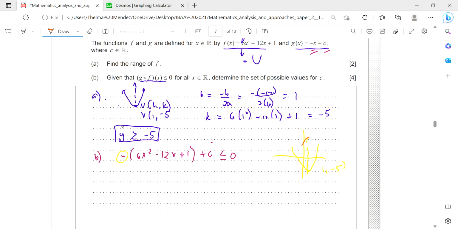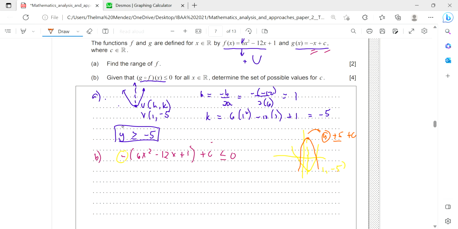So our y value here from negative 5, having been reflected over the x-axis, will be 5.